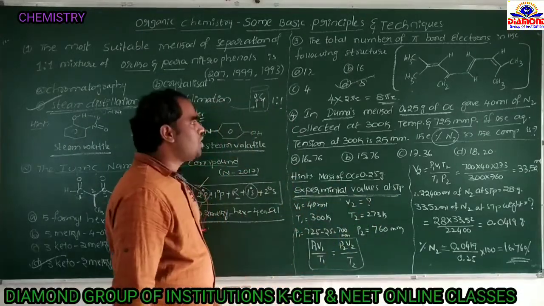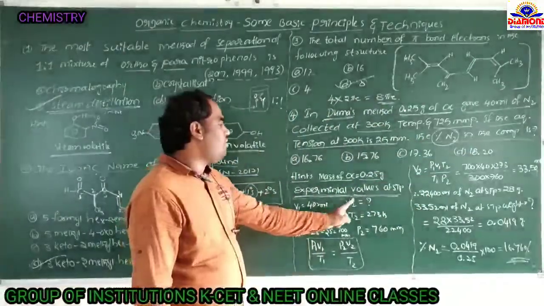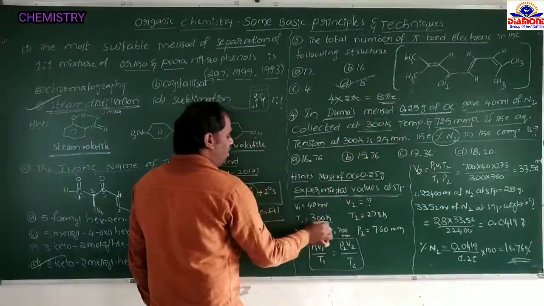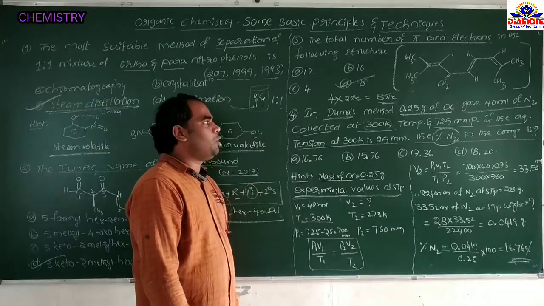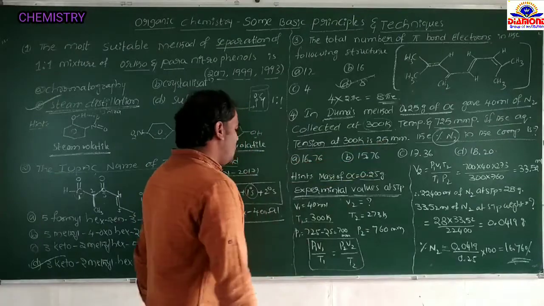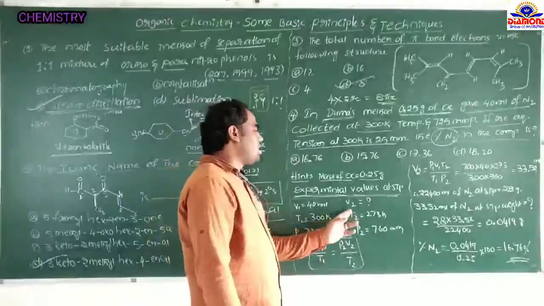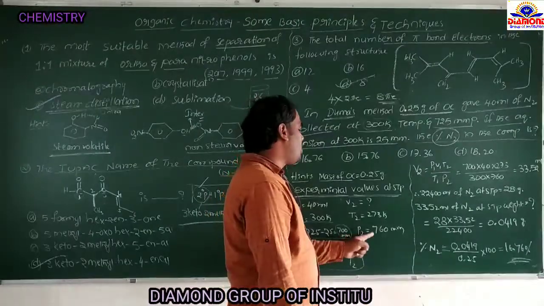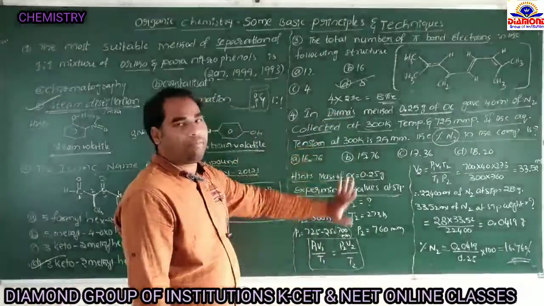Experimental volume V1 is 40 ml, and the V2 value we have to find first. Temperature T1 is 300 Kelvin, and the pressure is 725 mm, but it includes aqueous tension, so 725 minus 25, that is 700 mm, the P1 value. Next, these are STP values: T2 is 273 Kelvin, P2 is 760 mm. These are the given values in that question.